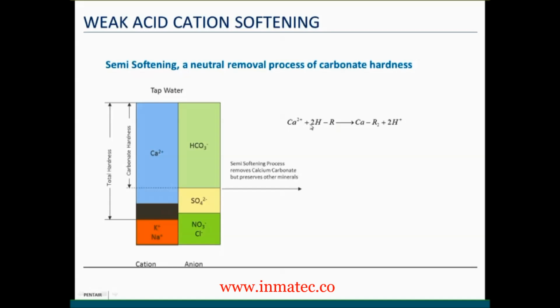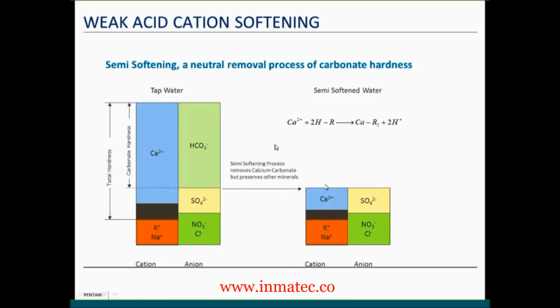So as we push exchange off the calcium, we give up 2 acid molecules, and this is given to the water. So we've partially softened the water, removed some of this hardness. Okay, what went back in here?